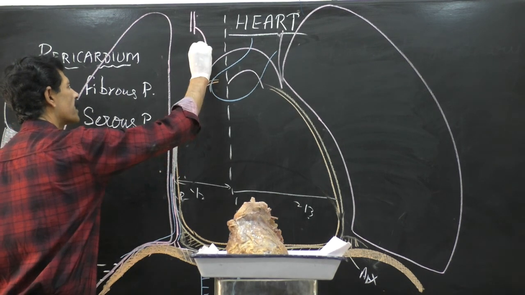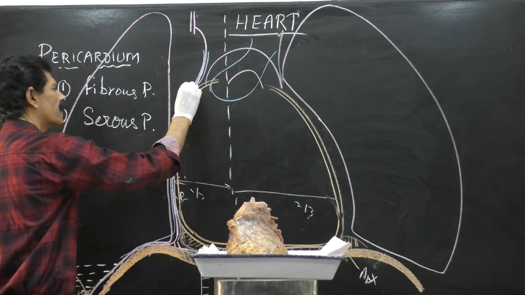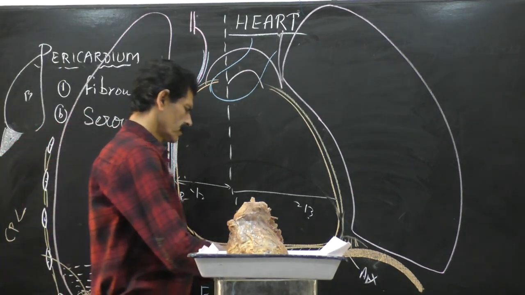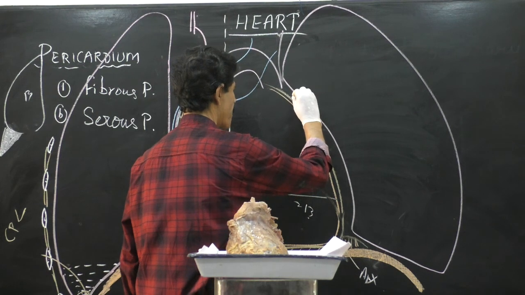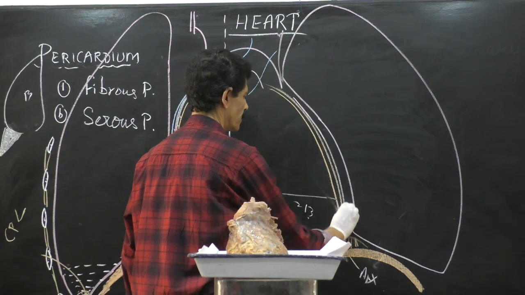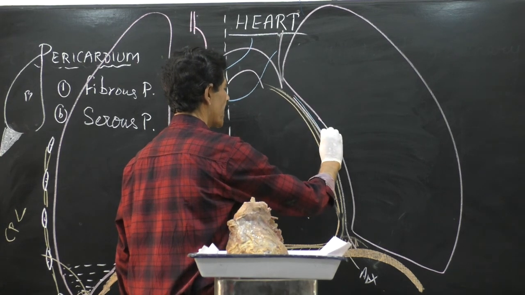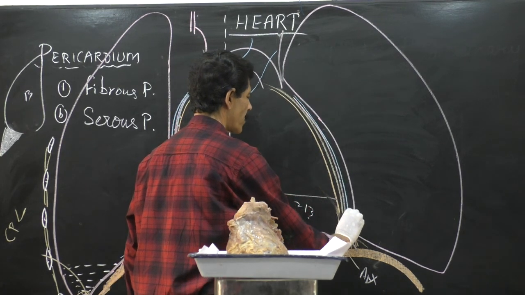The two veins accompany the pericardiophrenic artery. Bilaterally, same. So veins accompanying the artery are called the vena comitans.